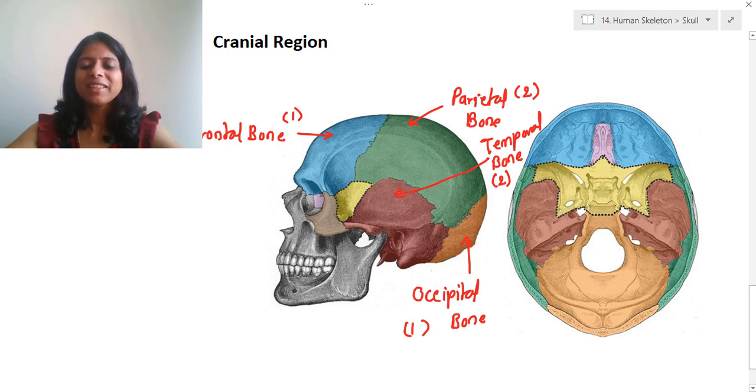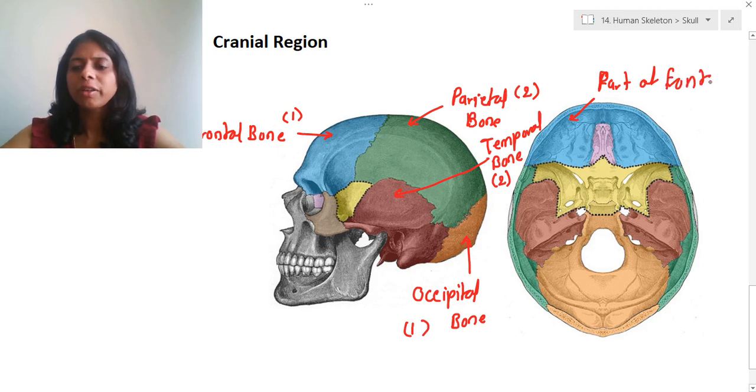Now see, suppose we cut this skull from here, what we see down at the floor is this. Now this is a part of the frontal bone, in blue color. This is a part of the frontal bone, not the whole frontal bone.